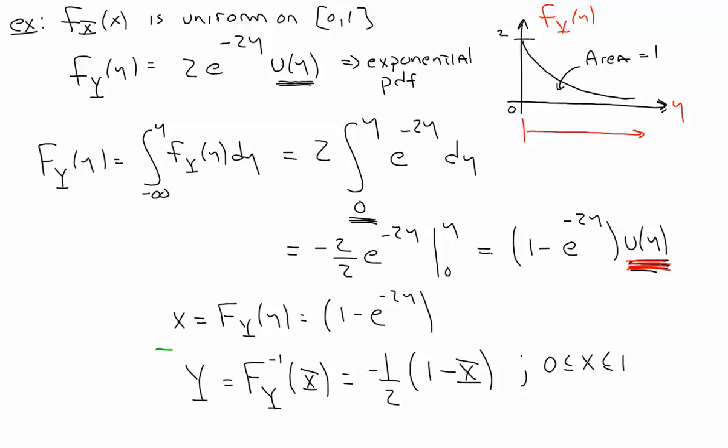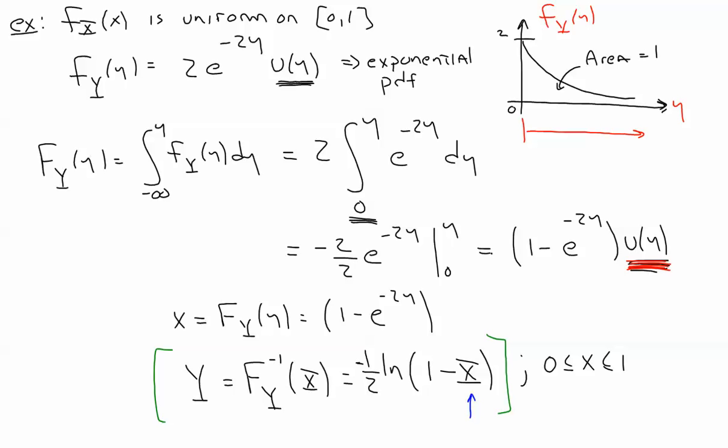This is my final result. Assuming that x is uniformly distributed on 0 to 1, if I calculate a bunch of x values using a random number generator, oops, I forgot my natural log. Negative 1/2 times natural log.